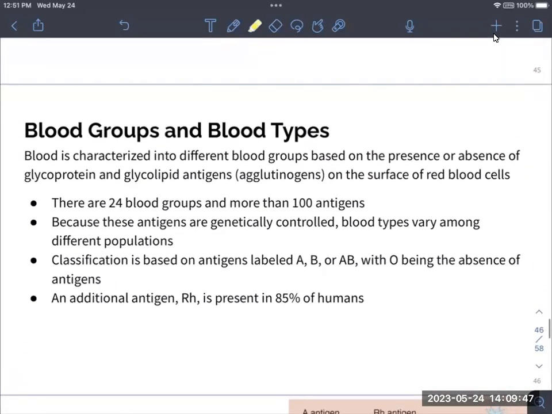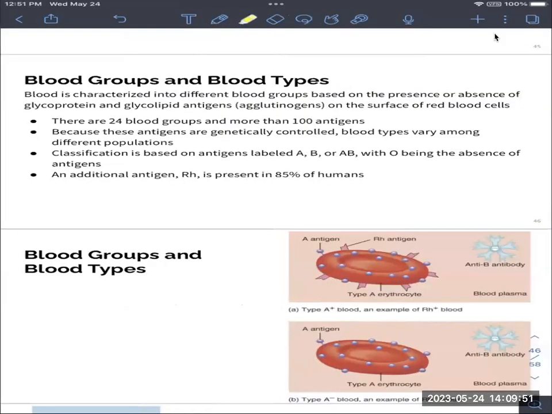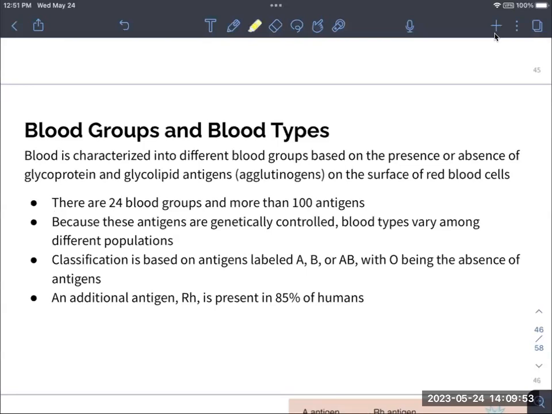So now we're going to go through blood groups and blood types. There's lots of different blood groups and lots of different antigens that are found on our blood. We focus on the main blood groups, the A, B, AB, and O. And they are actually done with antigens.